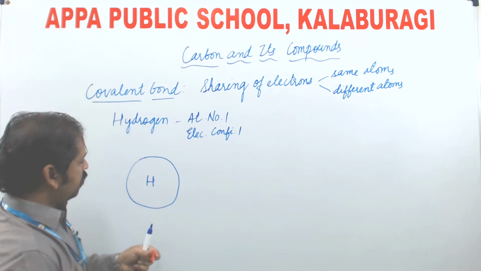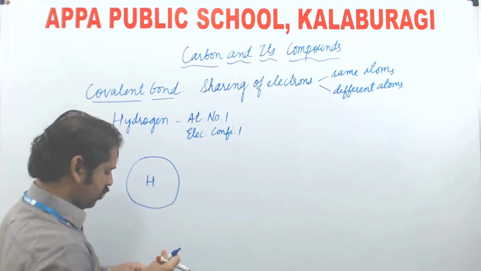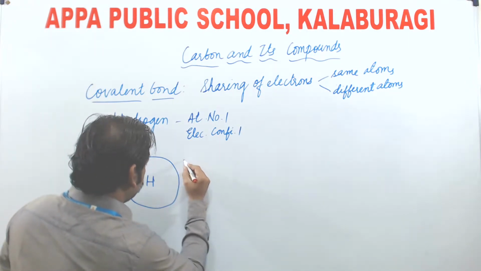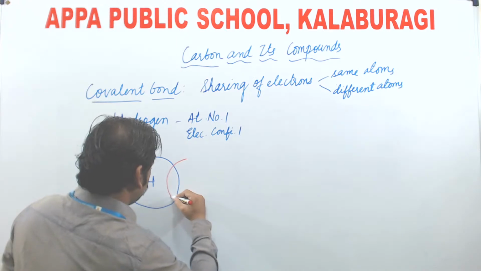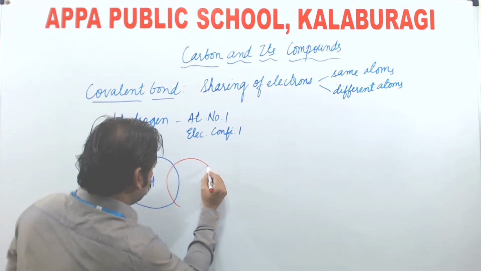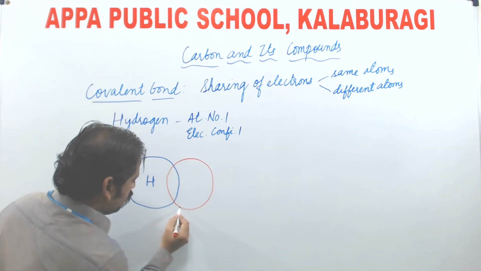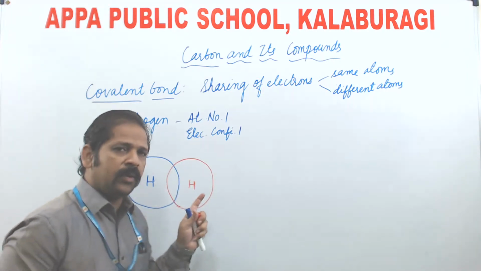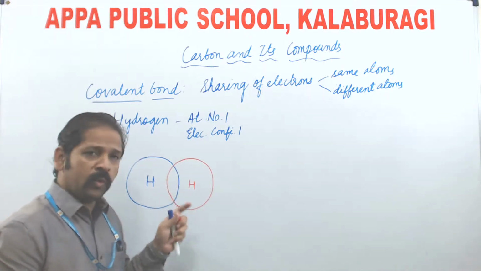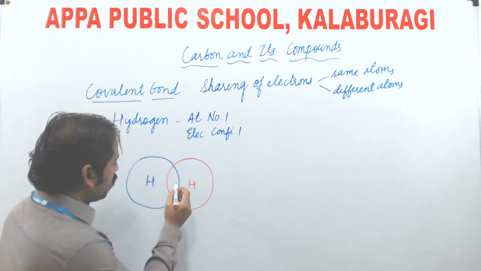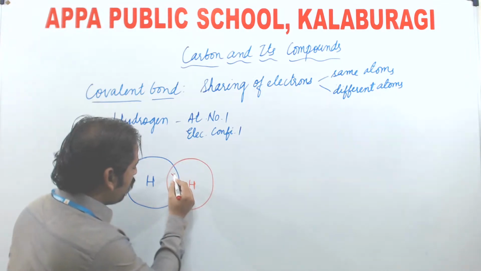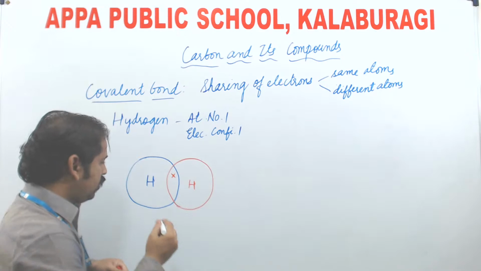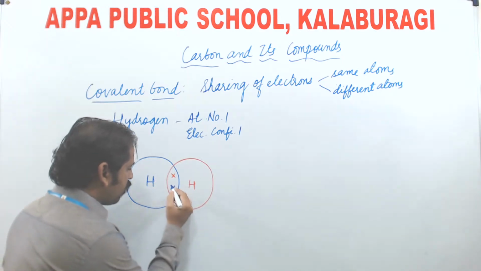This is the second hydrogen. Only to show the difference of the sharing electron, I am using two different color pens. This hydrogen is having one electron. This hydrogen is having one electron.